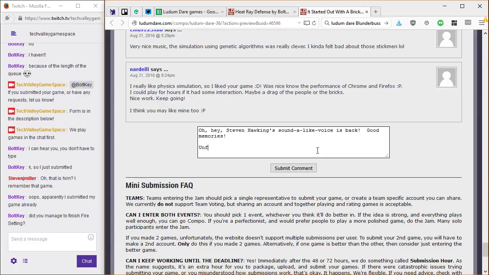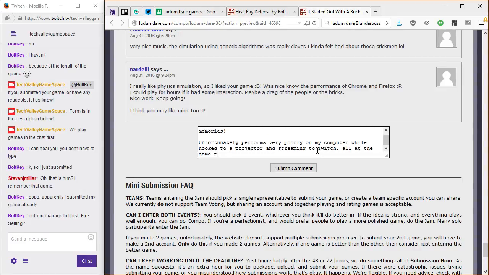Yes. Yeah, okay. Unfortunately, it performs very poorly on my computer while hooked to a projector and streaming to Twitch all at the same time.